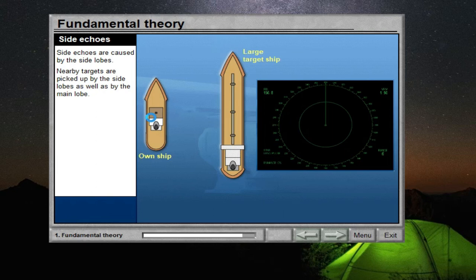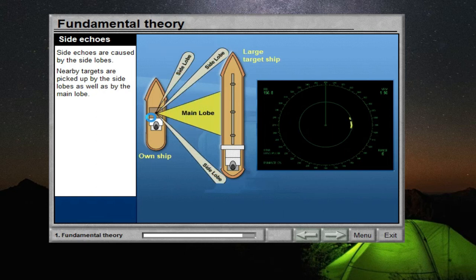The effect of side echoes will only be observed at short ranges. Side echoes appear as concentric arcs round the centre of the screen. Reducing gain carefully or increasing Anti-Clutter C will normally remove the less powerful side echoes.